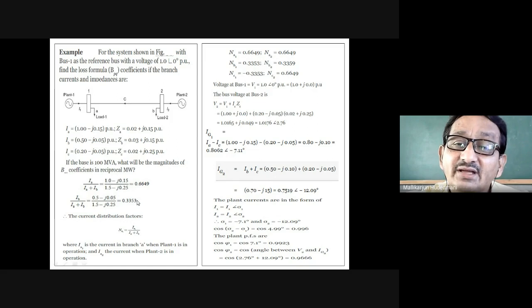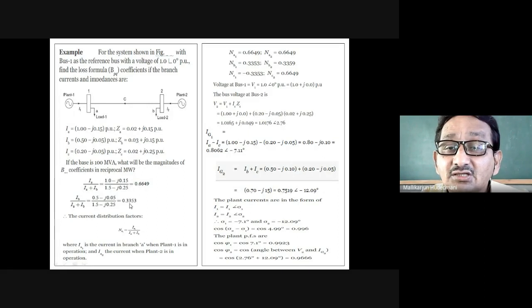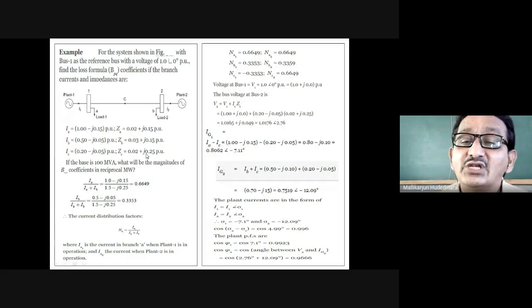IA plus IB means load 1 plus load 2 together. If I arrange them, the current flowing out of bus 2 via ZB impedance is 0.335. If I add these two, that becomes 100%. It means 66.5% of the load is delivered via this, and the remaining 33.5% is delivered this way. That's the meaning of this ratio.